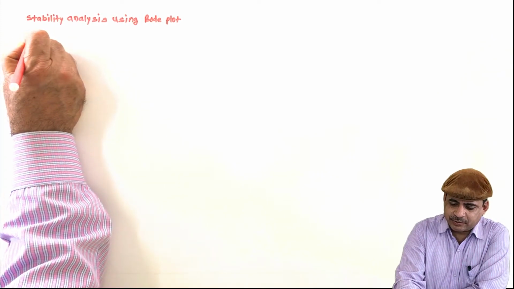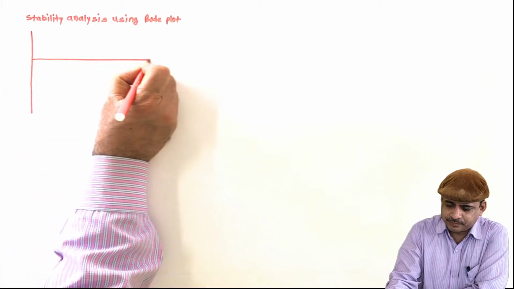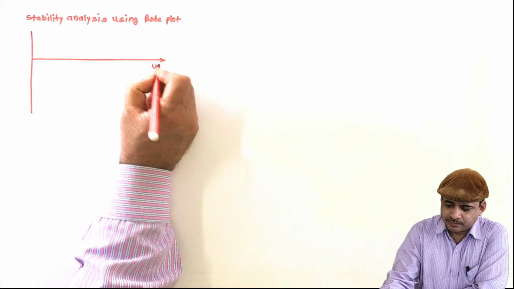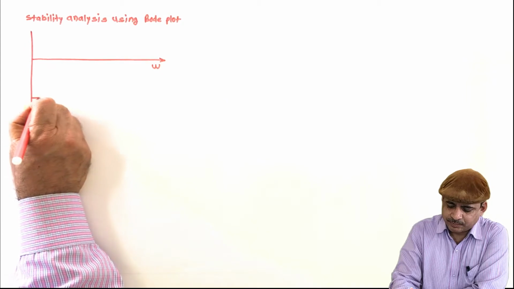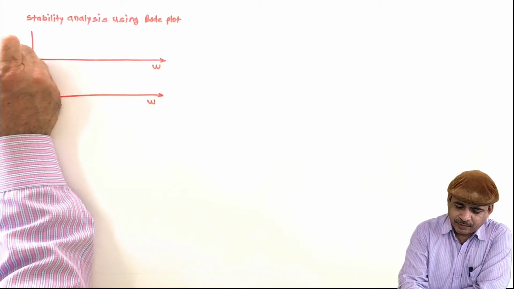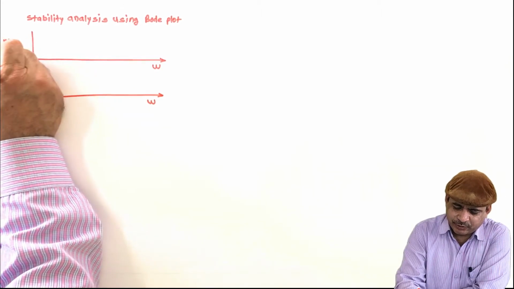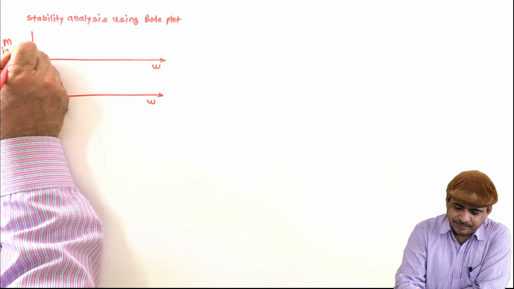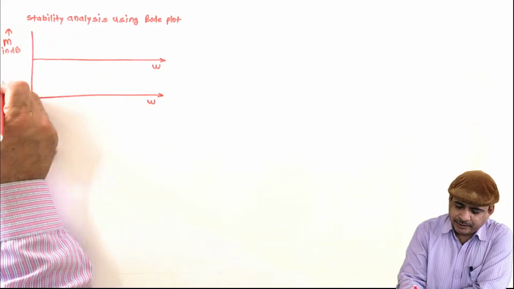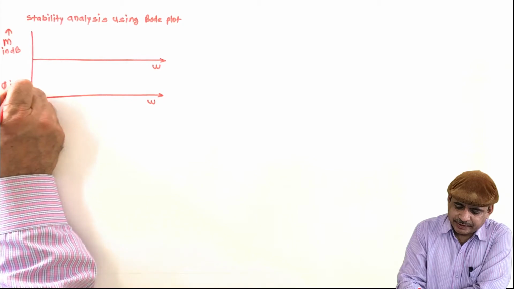So let us consider one sample representative Bode plot. Here we have magnitude M in dB, and here we have phase in degree.